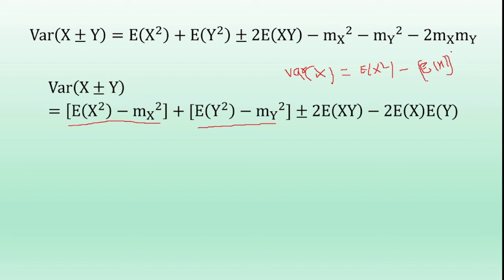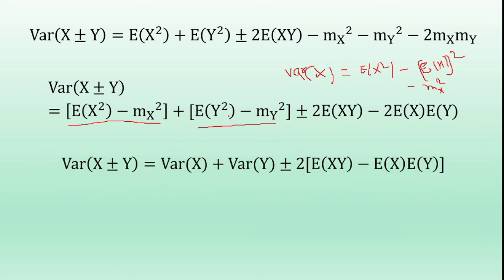This one is already derived in the concept of variance. Expectation of x is mx and expectation of y is my. So that is expectation of x square minus mx square, and variance of y is expectation of y square minus my square. Using that concept, expectation of x square minus mx square is the variance of x, and expectation of y square minus my square is the variance of y.